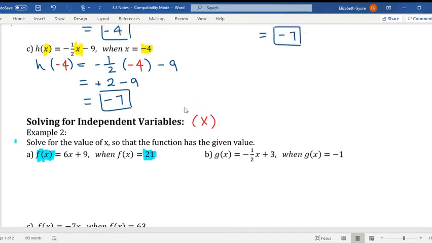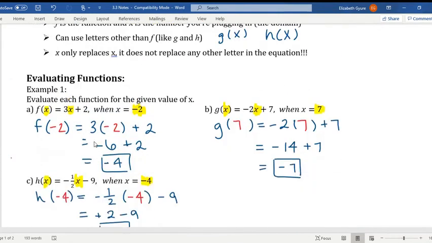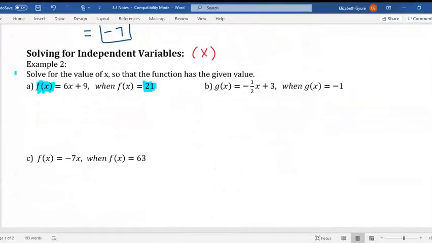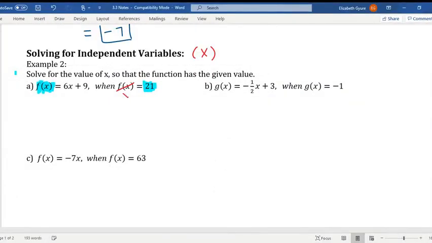If you look up at the top of our notes, f of x just means y. So if this really confuses you, you can always just think of f of x as y. So technically, you're just going to take your 21 and plug it in on the left where y would have been. Take the number it gives you, plug it in on the left where y would be.